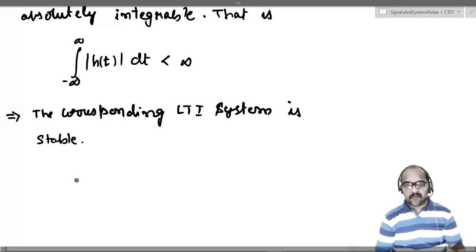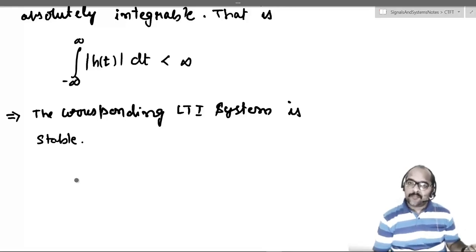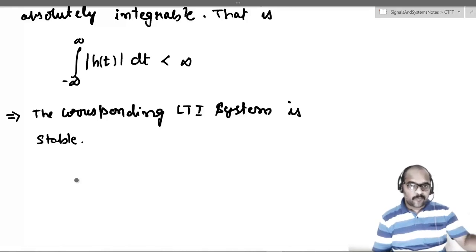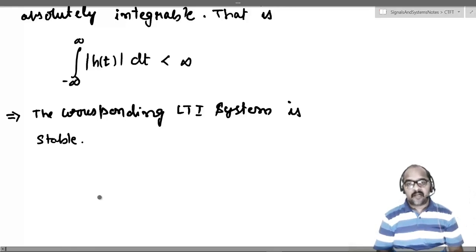Because Fourier transform exists, the impulse response should satisfy the first Dirichlet condition, which is absolute integrability. But we know from chapter 2 that if any impulse response is absolutely integrable, then it corresponds to a stable LTI system. So from the differential equation, we proved that the corresponding LTI system is stable.